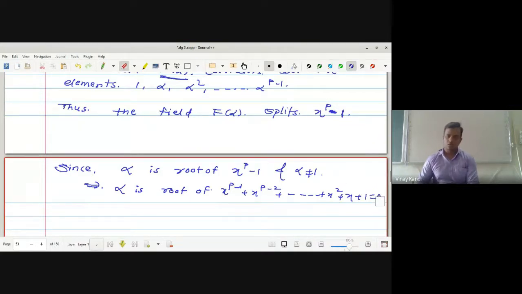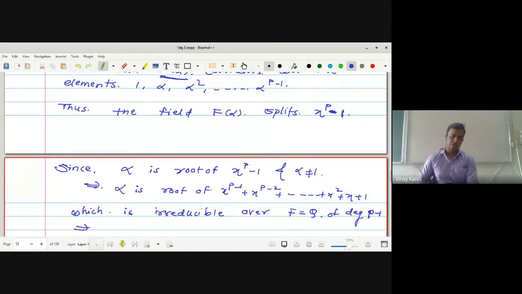Here, alpha is the root of q of x, which is irreducible over F, that is the set of rational numbers, of degree p minus 1.